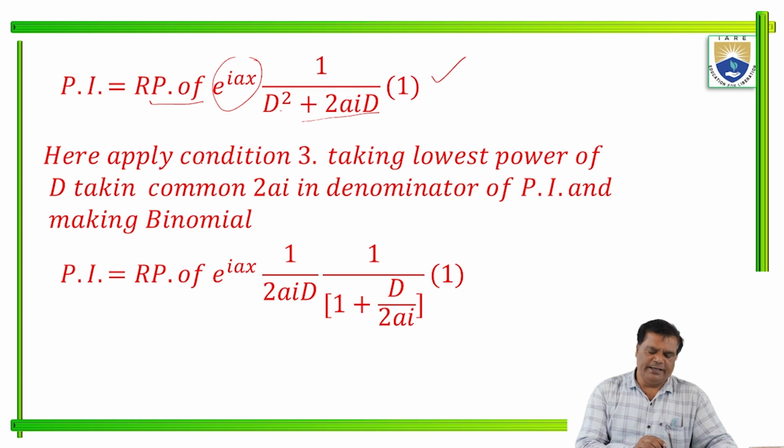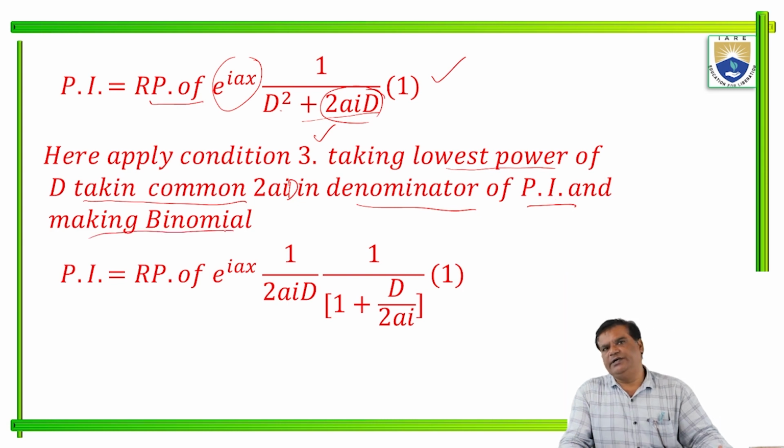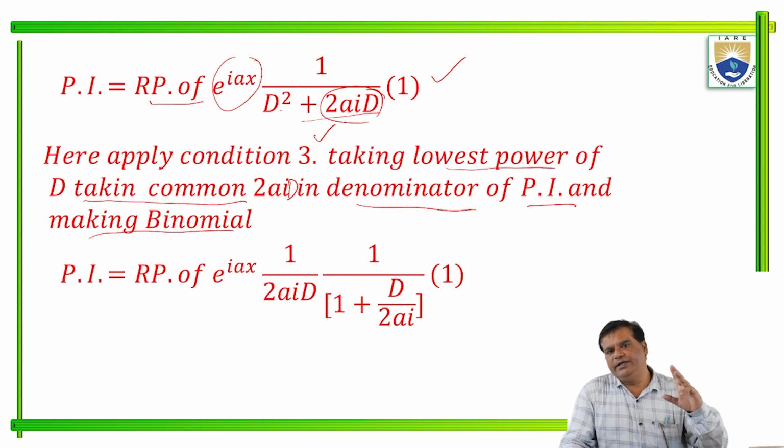Here we apply condition 3: taking the lowest power of d common. Here the lowest power term is 2aid. Taking it common in the denominator of the particular integral and making a binomial. This is condition 3. If an exponential function is there, then we apply three conditions: condition 1, condition 2, condition 3.